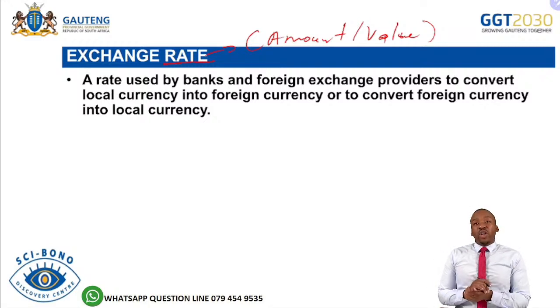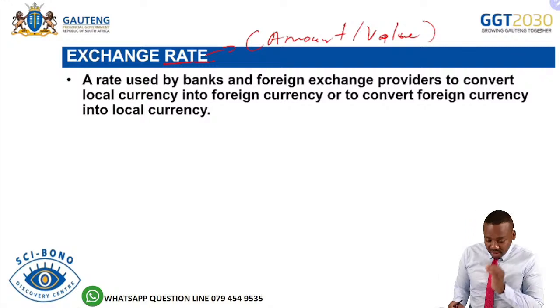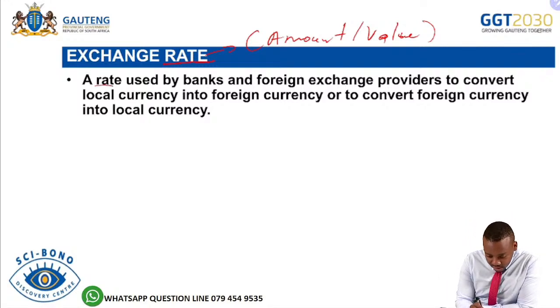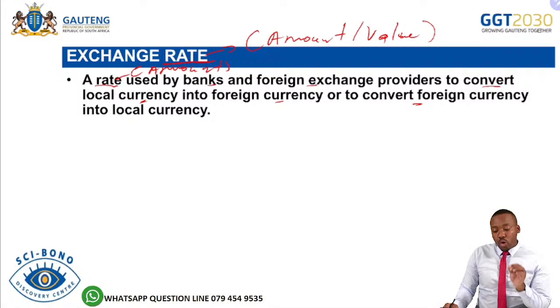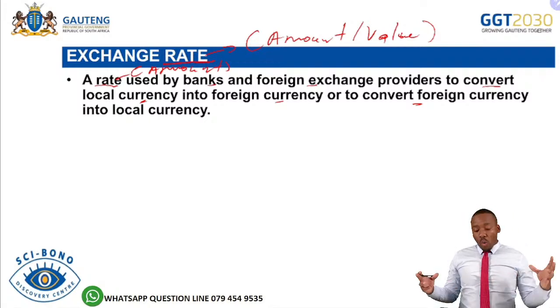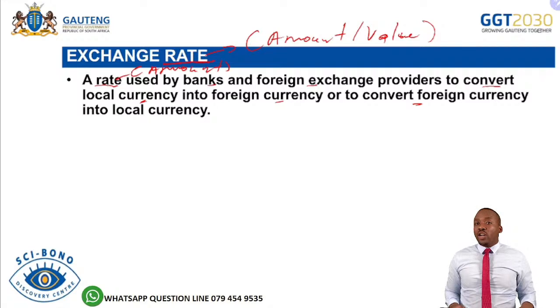In this context, it is the rate or amount used by banks and foreign exchange providers to convert local currency into foreign currency or to convert foreign currency into local currency. So what are the banks using to charge you? They are using the exchange rate.